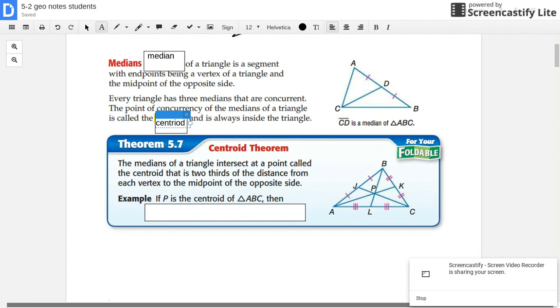So if P is the centroid of ABC, then, for instance, we could say that BL is equal to 1/3 PL plus 2/3 BP. So essentially, you have a full line. The smaller part is a third of the whole thing, and BP, the bigger part, is 2/3. And that is essentially it for the theorem.